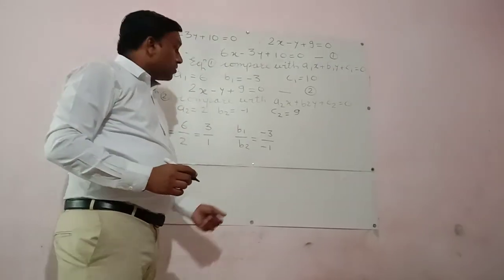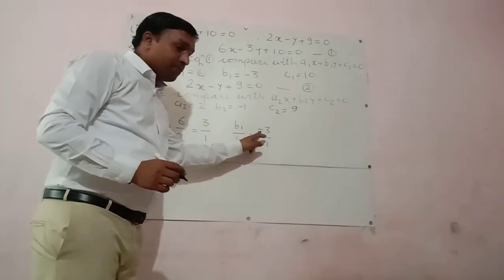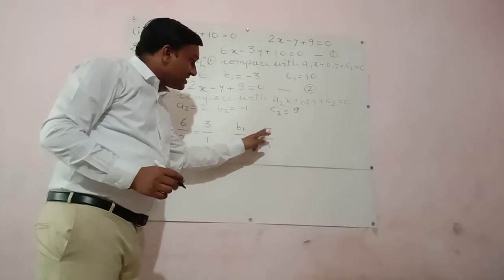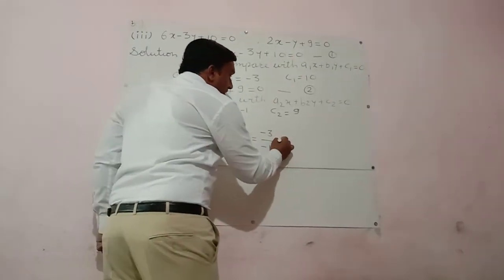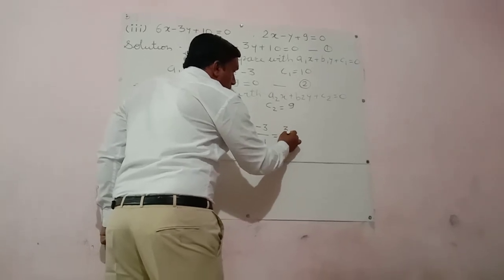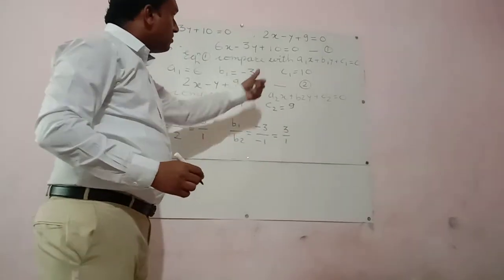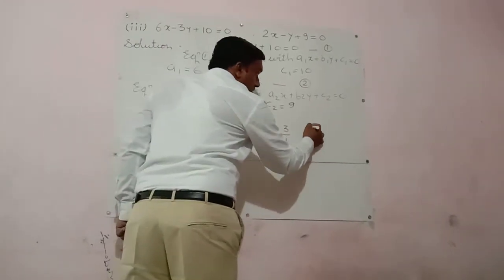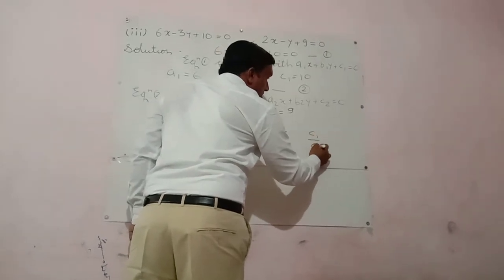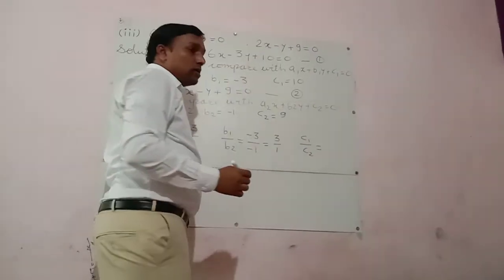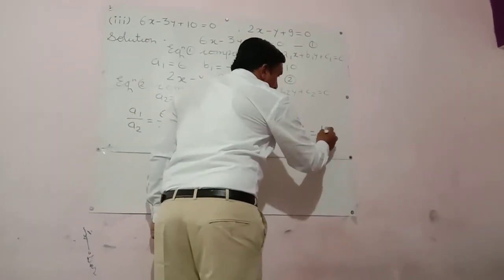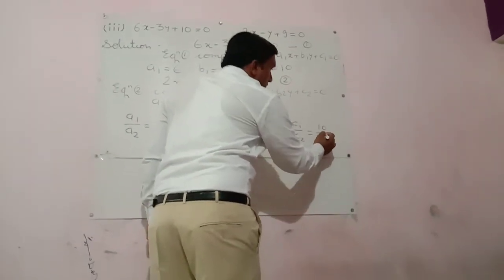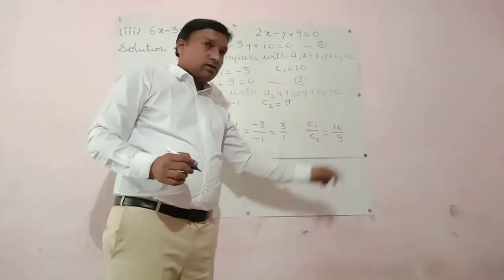So we have negative -3, negative -1. The negatives get cancelled, so we get our ratio 3 upon 1. Next we move to the ratio c1 upon c2. So here c1 is 10 and c2 is 9. So we can't reduce it.